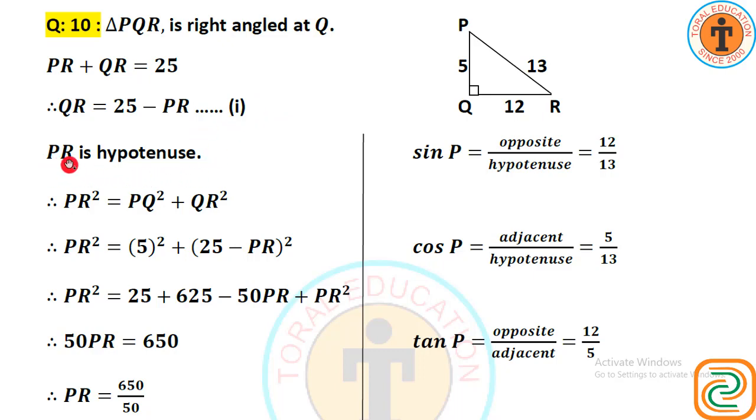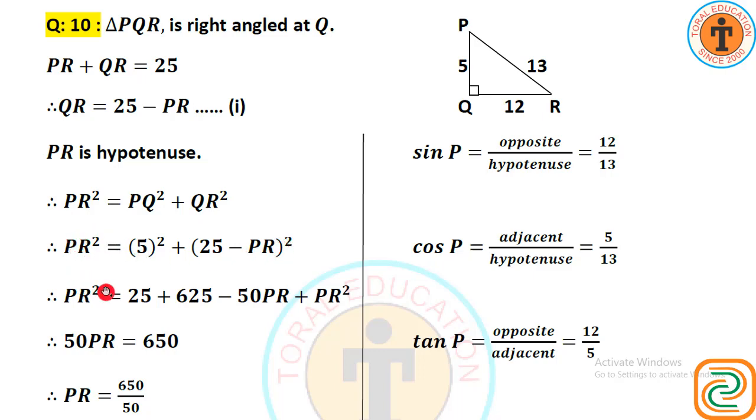Look here, PR is the hypotenuse. So PR square equals PQ square plus QR square. Then PR square equals PQ, that is 5, it is given, and QR we have got as 25 minus PR, whole square.